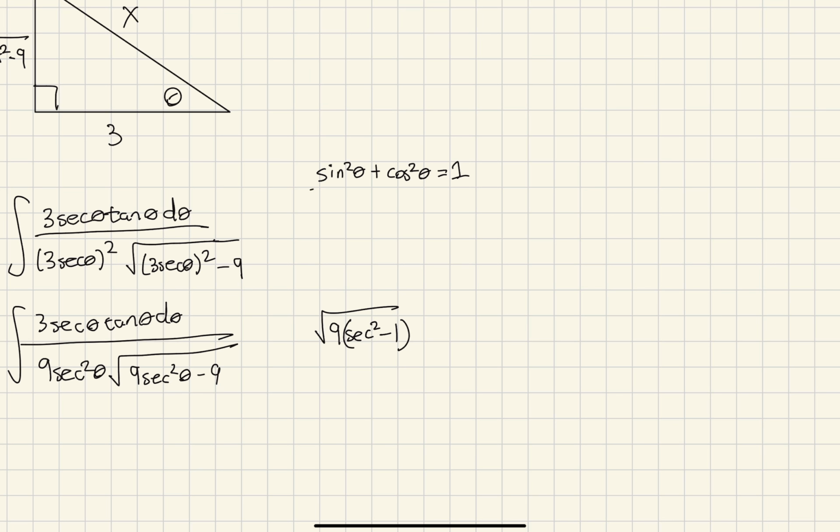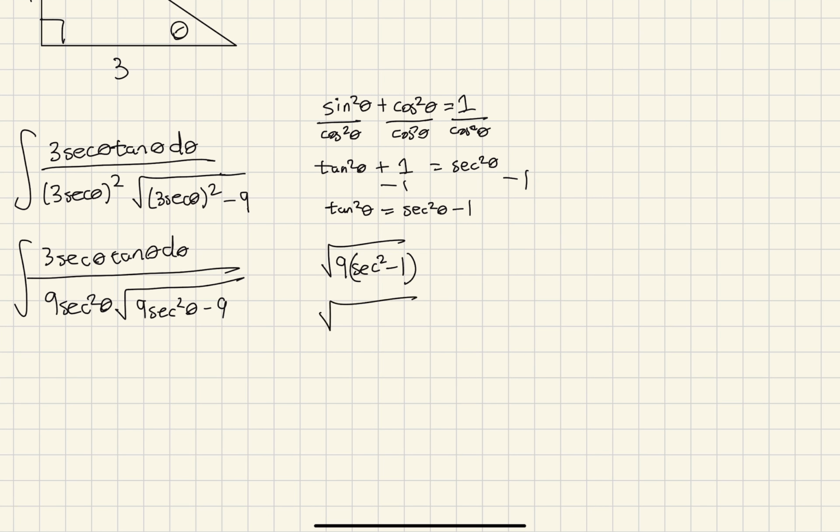Now we divide everything by cosine squared. This gives tan squared theta plus 1 equals secant squared theta. So now you can see the trend. Move minus 1 to the other side. We get tan squared theta equals secant squared theta minus 1. So this actually equals 9 tan squared theta.